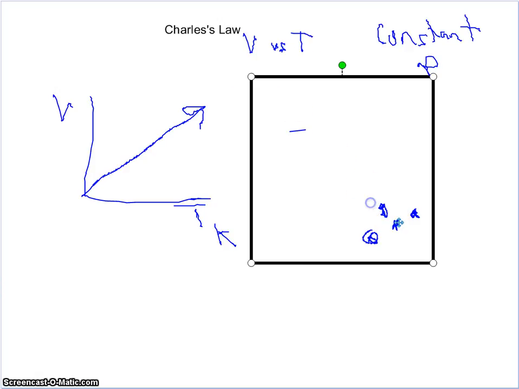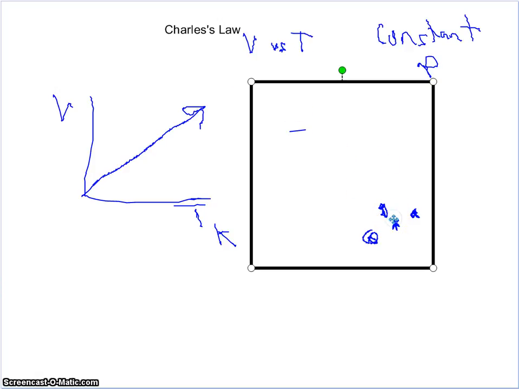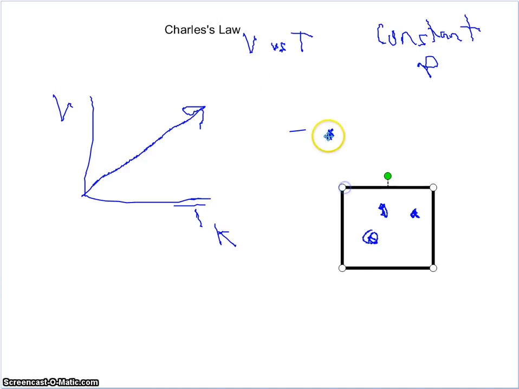Even though the particle is moving faster, it still makes the same number of collisions because it has to travel farther to hit the surface. So the only way pressure can be constant is if temperature and volume go with each other. If the volume shrinks, the temperature must have shrunk too. Otherwise, the pressure would change.